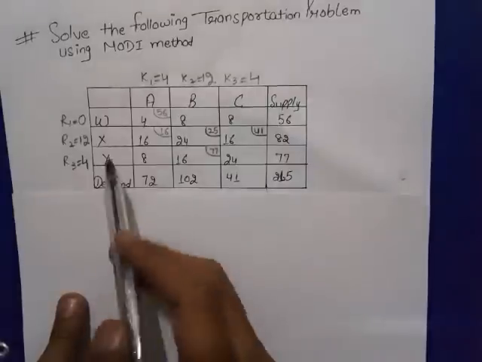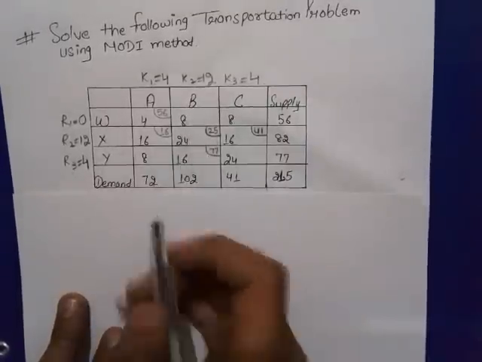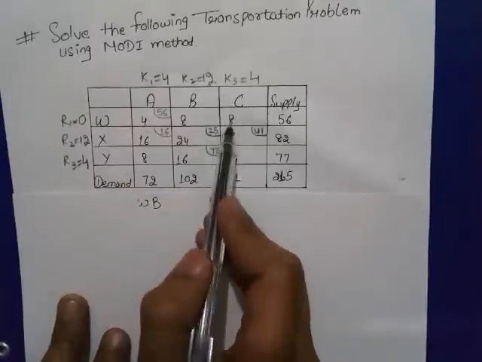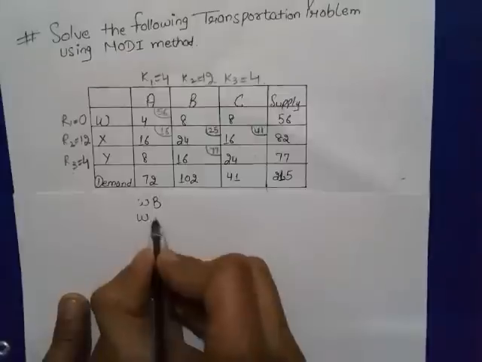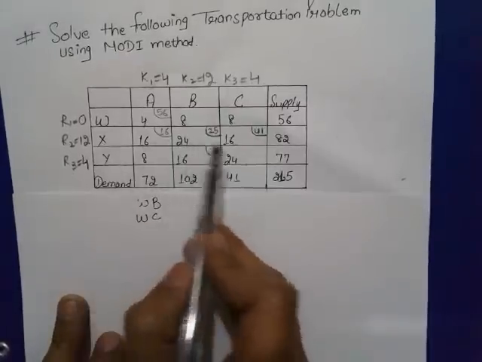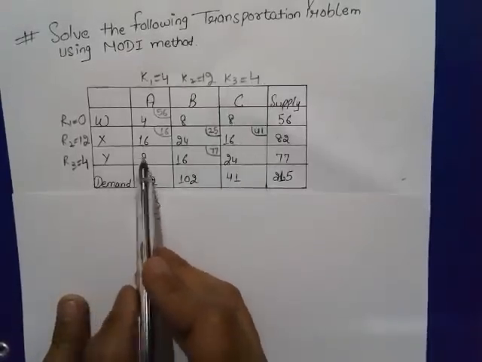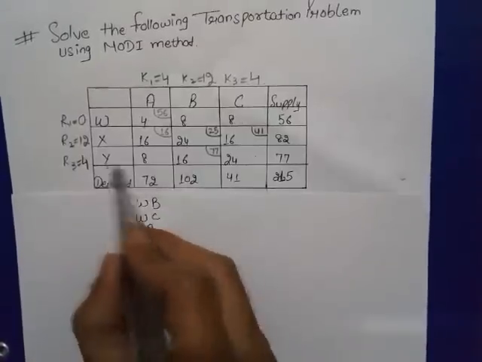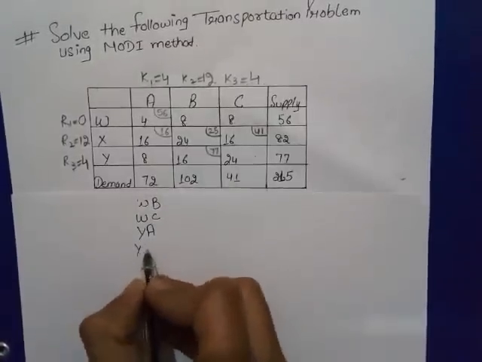In the same way, find the unoccupied cells: WB, WC, occupied, YA, YC.